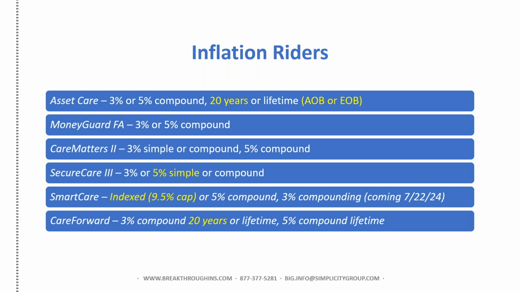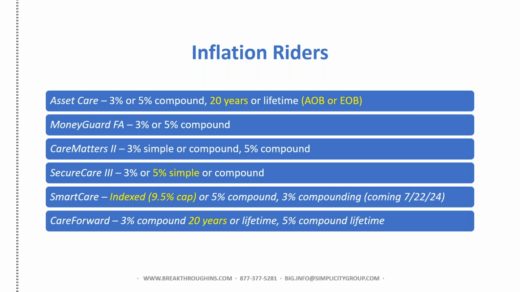So it goes up to 9.5%, and if it goes down, you get 0. So you can't lose money in this inflation option. The worst you can do is 0, meaning no growth. It'll just stay flat. All your benefits will stay flat for that year if the S&P goes down. But you can earn more than the regular 3 or 5% over time with this indexed option.